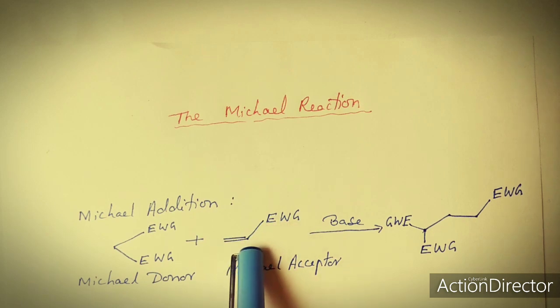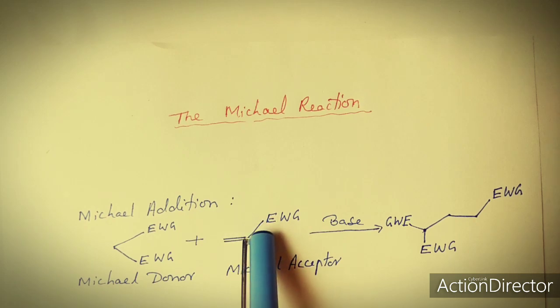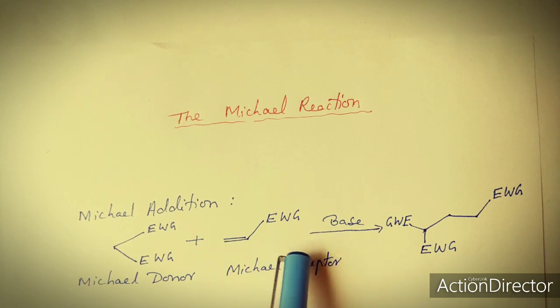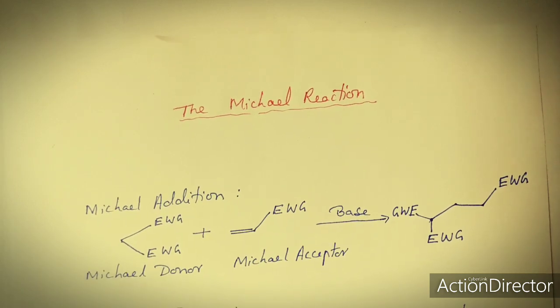By virtue of the movement of electrons towards the electron withdrawing group, the beta carbon will be positively charged. So it will be a Michael acceptor. All this takes place in the presence of a base to give us the product. So this is basically the Michael addition in its simplistic form.